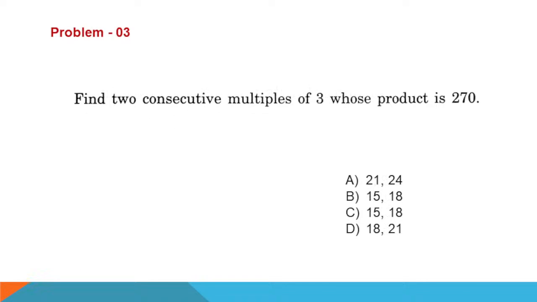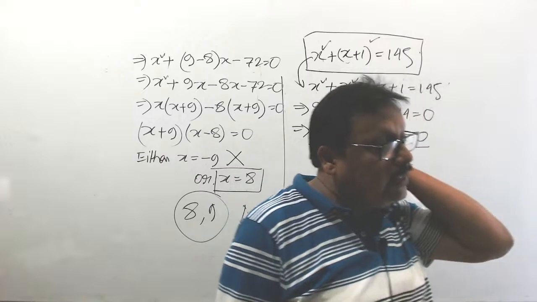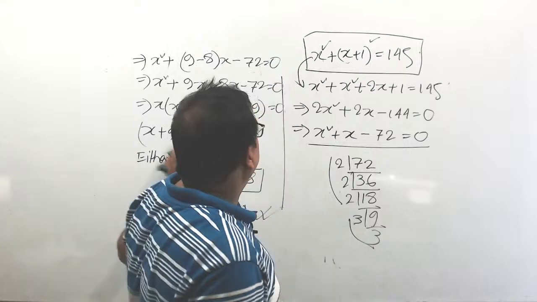Next one. Find two consecutive multiples of 3 whose product is 270. Okay? How will you do it? Find two consecutive multiples of 3 whose product is 270.